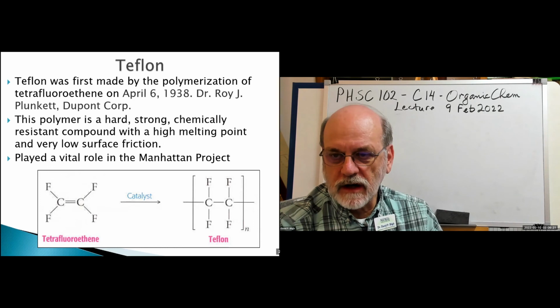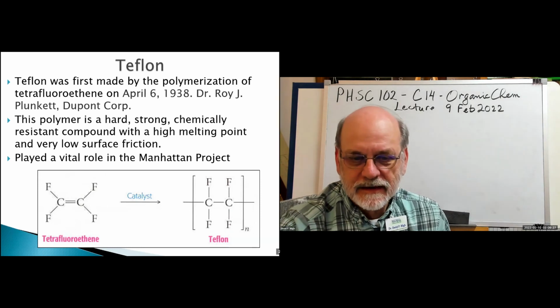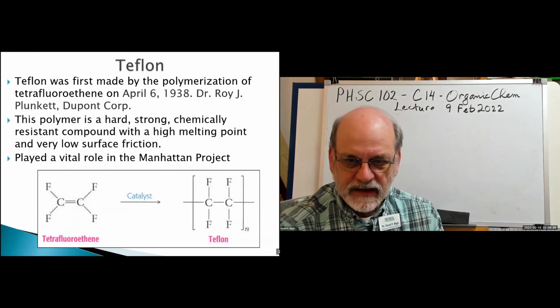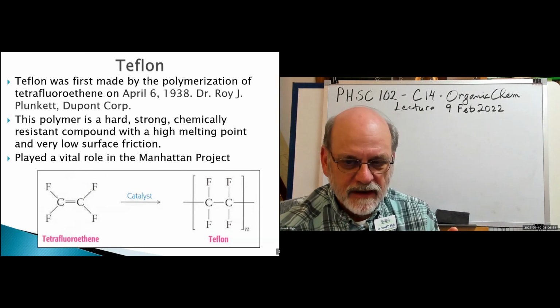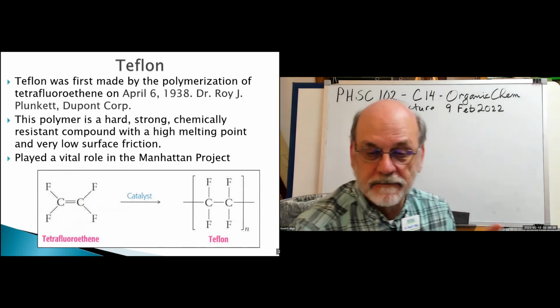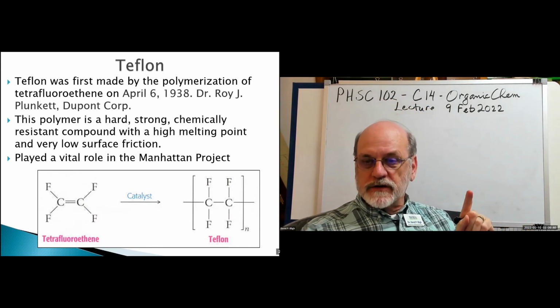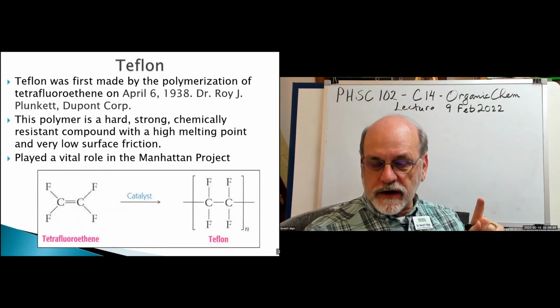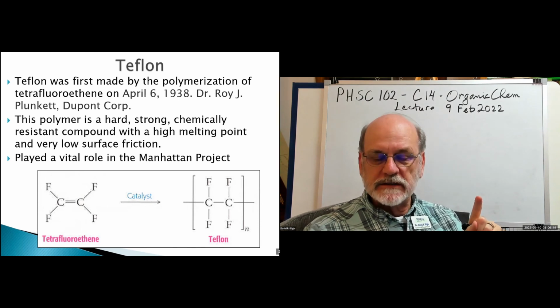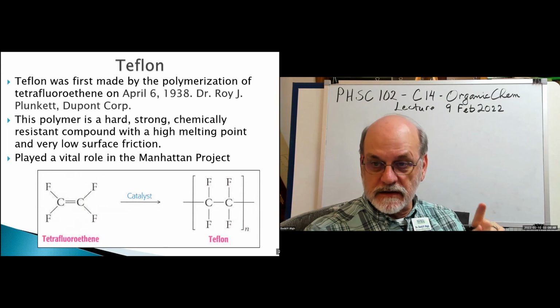That's why we coat our frying pans with Teflon, so our eggs will slide without grease. But one other one that I don't think is mentioned in your book is Teflon played a pivotal role in the Manhattan Project. Right, look it up. The Manhattan Project was started during World War II for the U.S. to develop the atomic bomb.